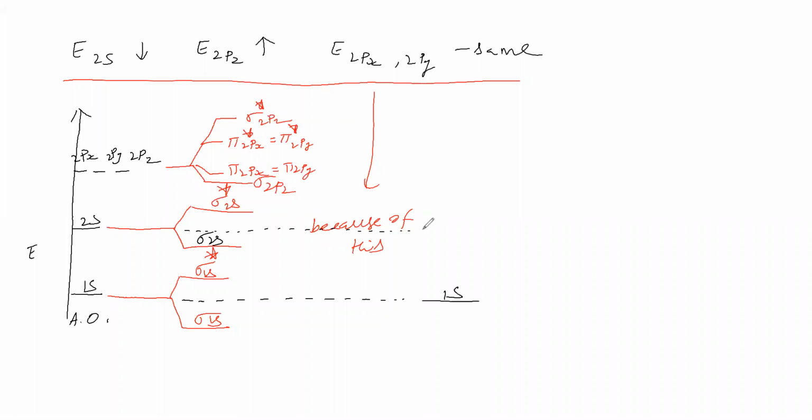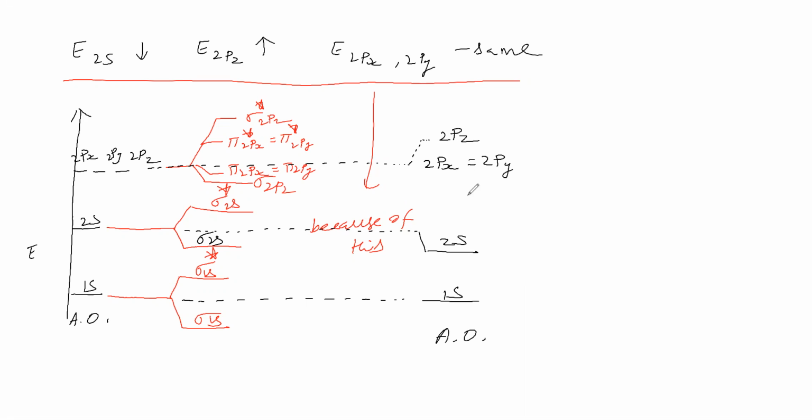The 2s energy gets reduced. Regarding 2p, 2px equal to 2py remains the same, but the 2pz energy is raised. So the 1s atomic orbital remains the same, 2s is reduced, 2px and 2py remain the same, and 2pz is raised.